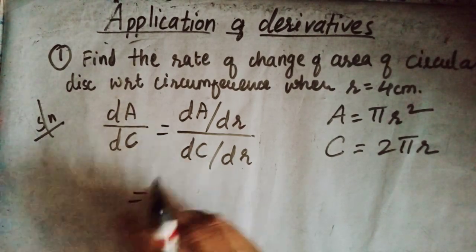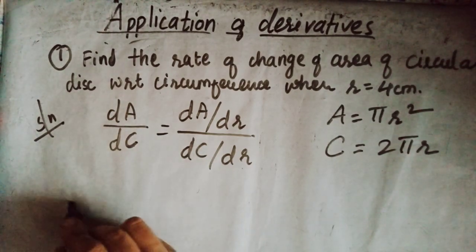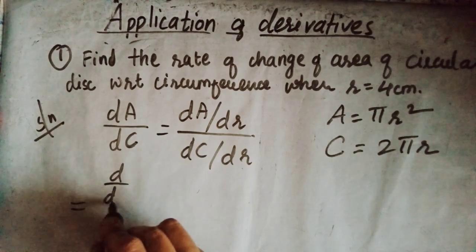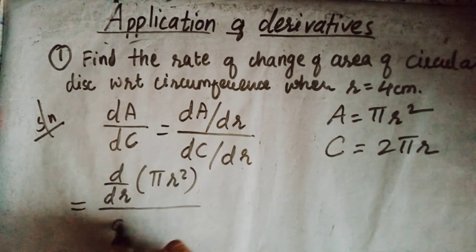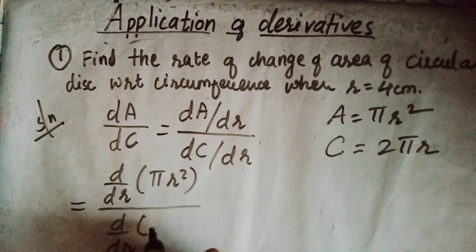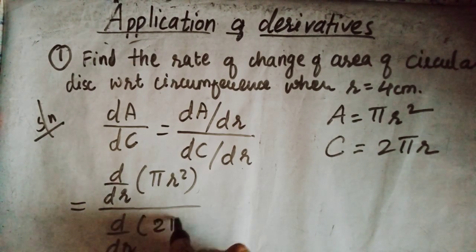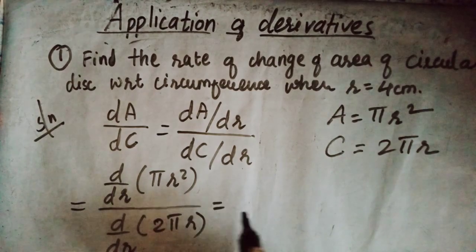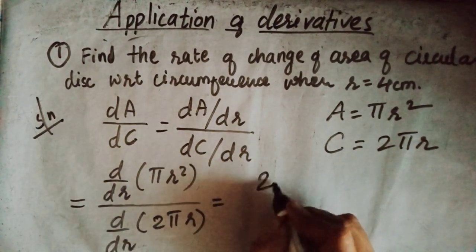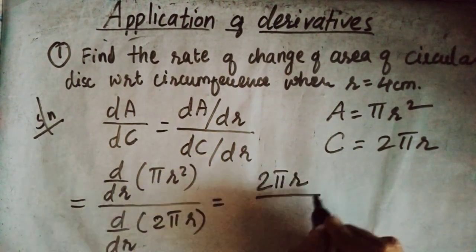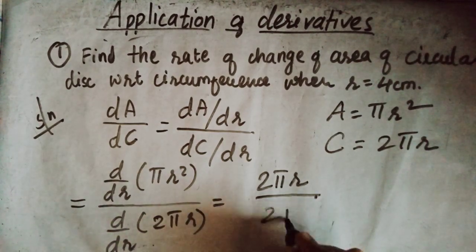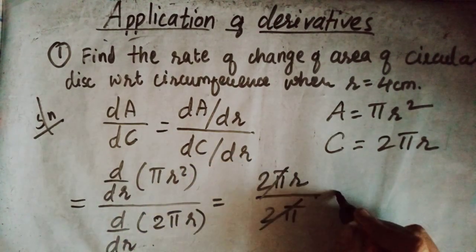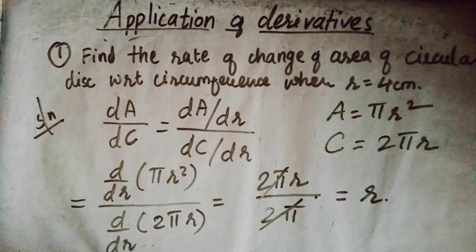So dA, so d by dr of pi r square, and d by dr of circumference. So this will be 2 pi r, and this will be 2 pi, right? So it comes to be r.